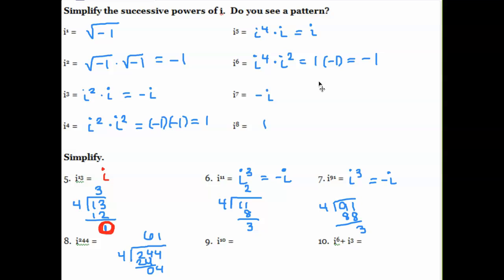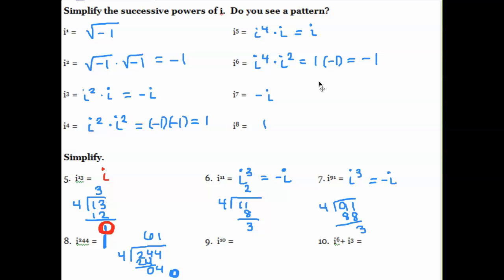So now what happens here is I get a remainder of 0. If I get a remainder of 0, that means that this is like i to the 4th, which means this is like the number 1. So a remainder of 0 is like being on the cycle of i to the 4th.